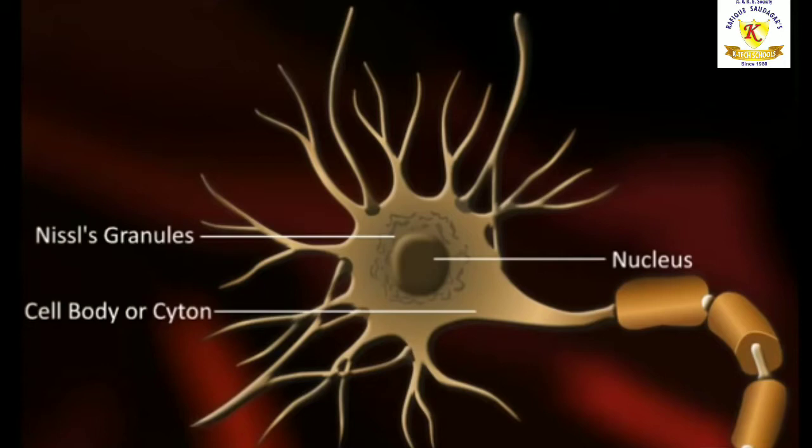Nissl granules are a number of small granules of various shapes found in the neuroplasm. Then dendrons are the branched projections of a neuron that act to conduct the electrical stimulation.